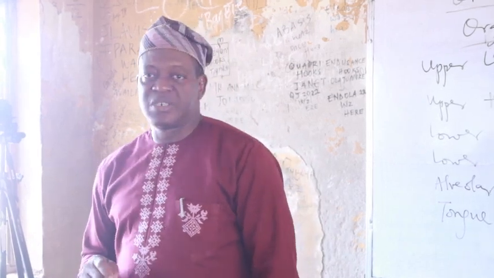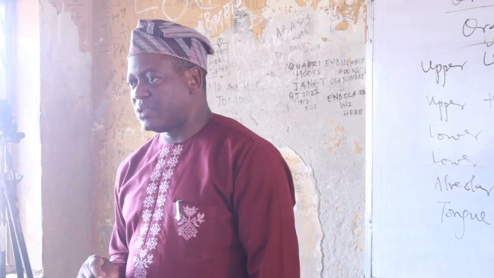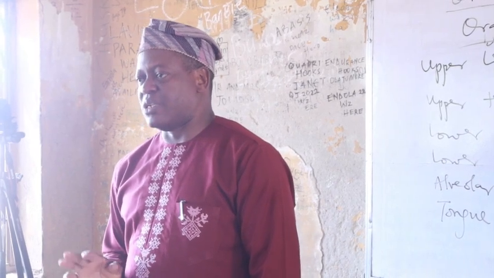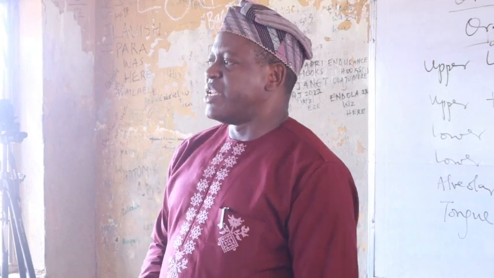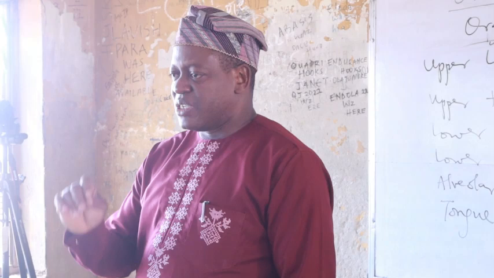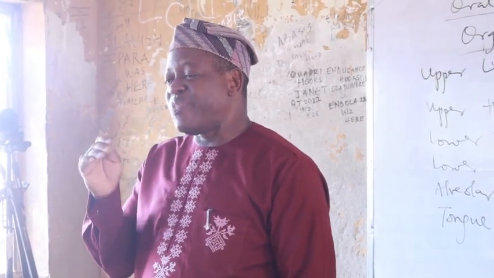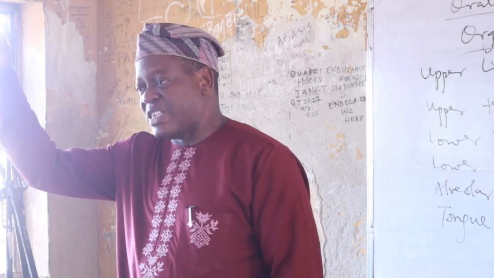Palato-alveolar sound. J. Gentle. Jail. Now, those two. Then you have palatal sounds themselves. The tip or the frontal part of the tongue will touch a place in between the hard palate and the soft palate.